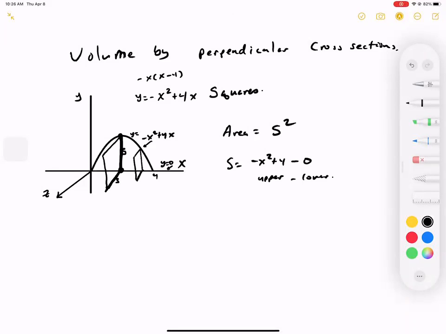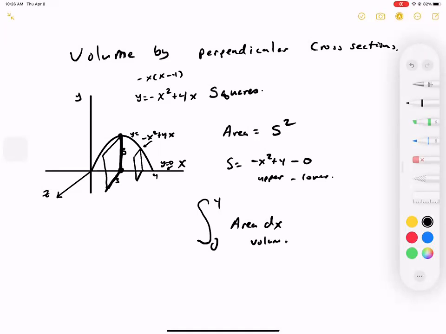As we talked about, integrals add up stuff. So what are we trying to add? We're adding slivers of squares. To turn this into volume, we do the integral from 0 to 4 of our area times a little dx.